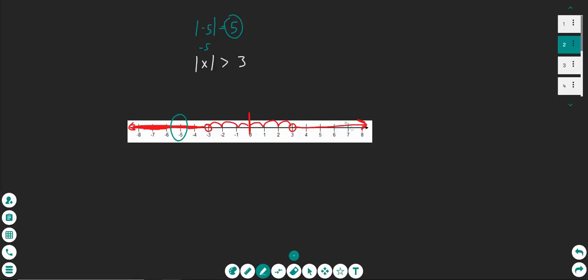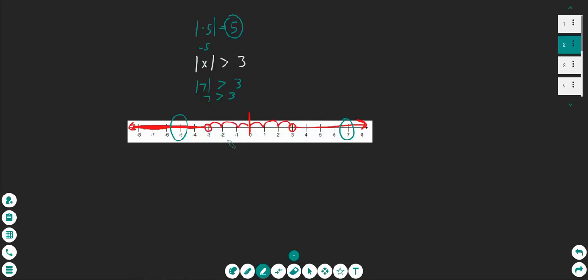And if I pull out a number from over here, let's say I pull a 7 out, the absolute value of 7 is obviously greater than 3, because the absolute value of 7 is just 7, and 7 is greater than 3. Okay? But anything in here, within this range from -3 all the way to 3, would not satisfy this inequality.